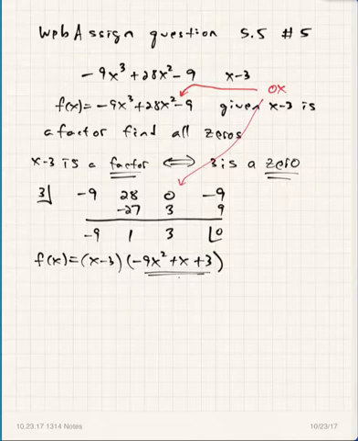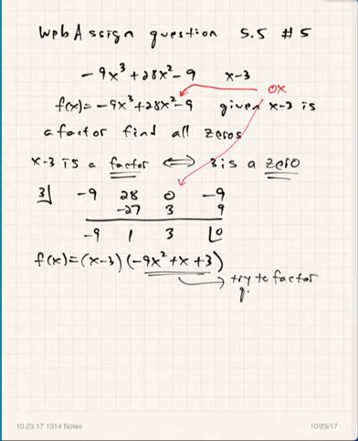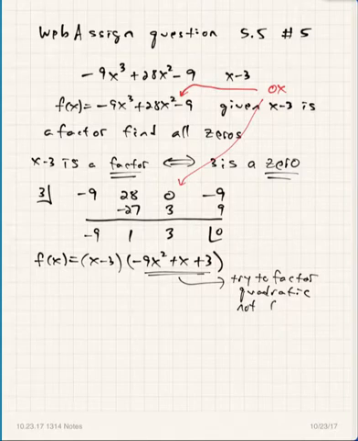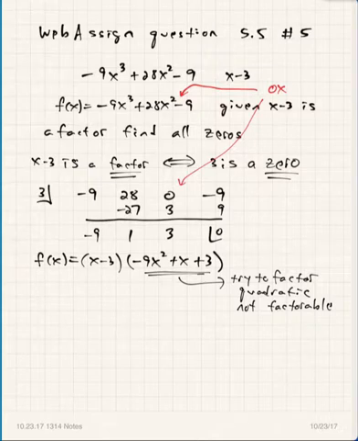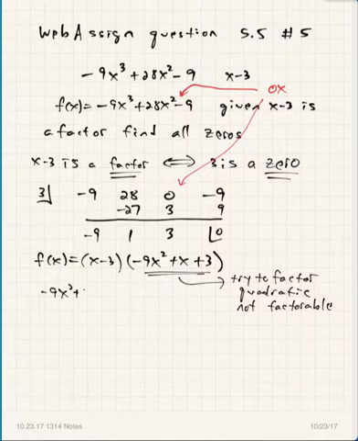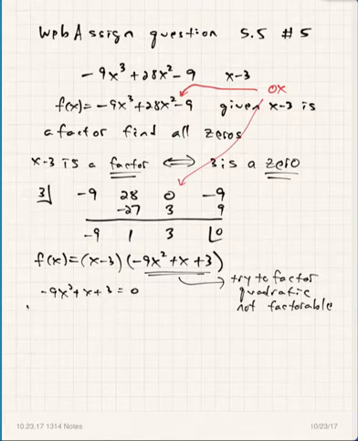You try to factor it, but it's not factorable. And because it's not factorable, the only choice to find the other zeros for the polynomial is to use the quadratic formula. So you have negative 9x squared plus x plus 3 equals 0, and you have to use the quadratic formula to solve this equation.